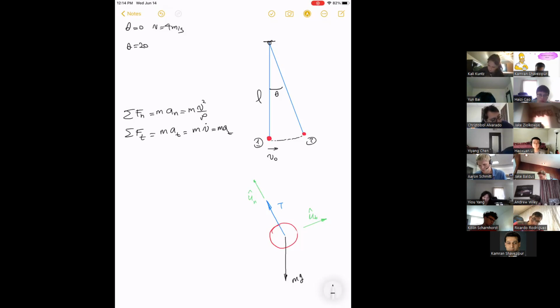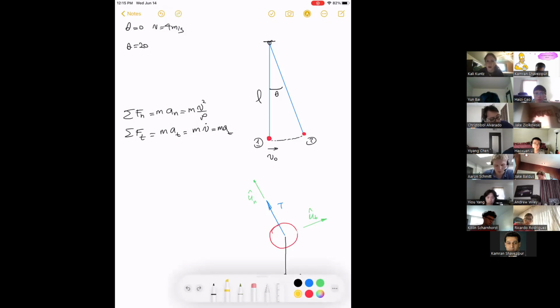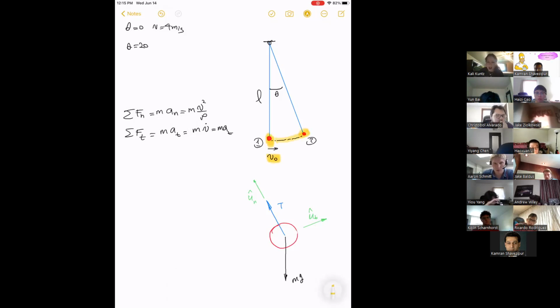Let me ask you this question. At the beginning, this guy is here, and it has this velocity. Then it moves here and gets another velocity. Is the velocity constant? Someone tell me before I call.